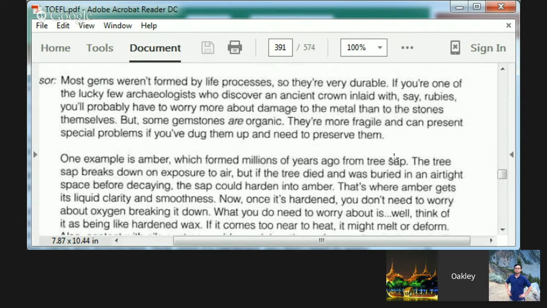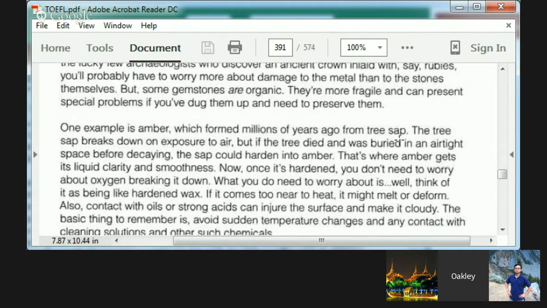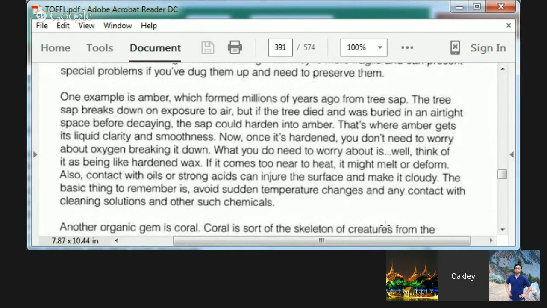They are more fragile and can present special problems if you've dug them up and need to preserve them. One example is amber, which formed millions of years ago from tree sap. The tree sap breaks down on exposure to air, but if the tree died and was buried in an airtight space before decaying, the sap could harden into amber. That's where amber gets its liquid clarity and smoothness.